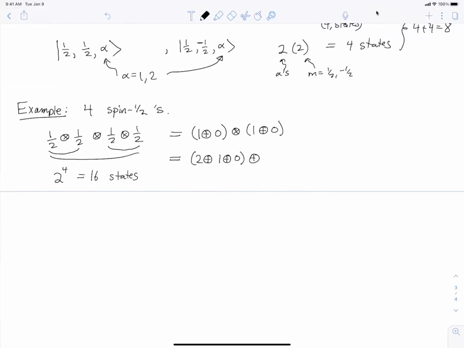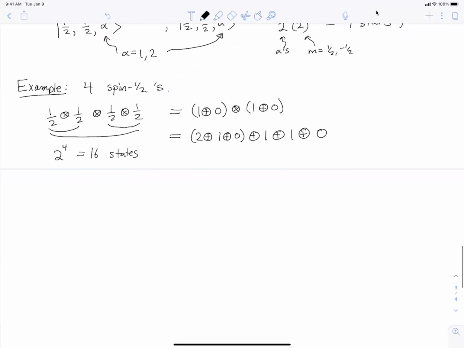But then I can do this 1 with that 0, and I can do this 1 with that 0, and those each give 1. And then there's finally the 0 with the 0, which of course gives 0.